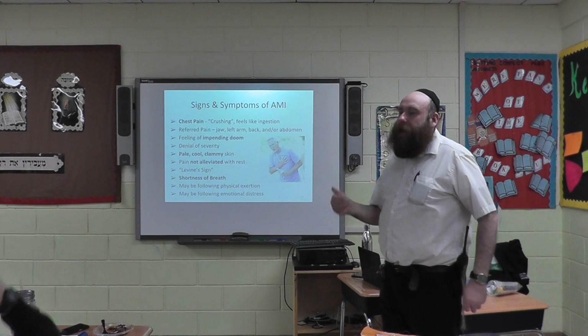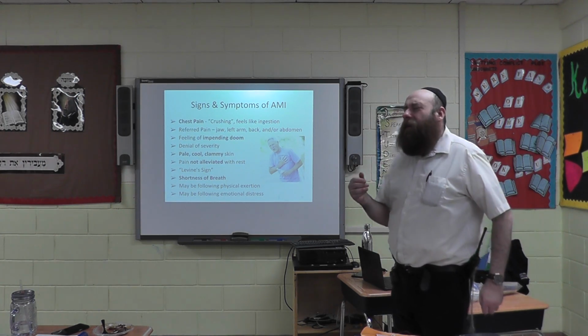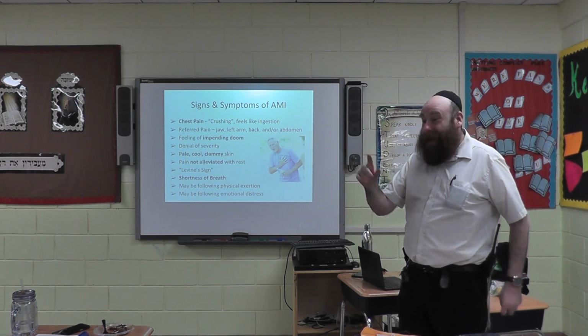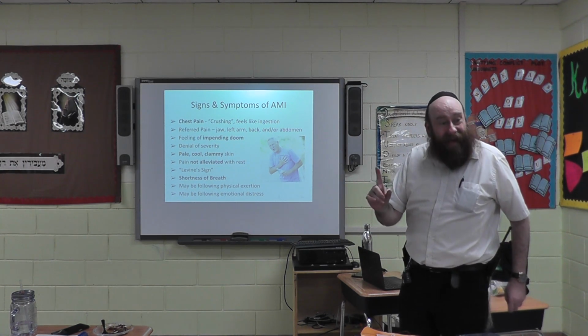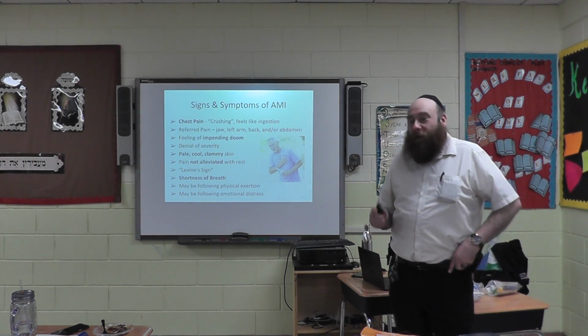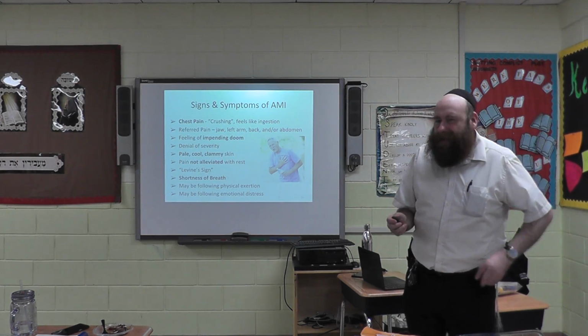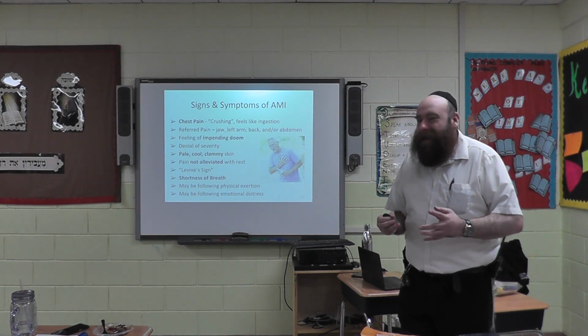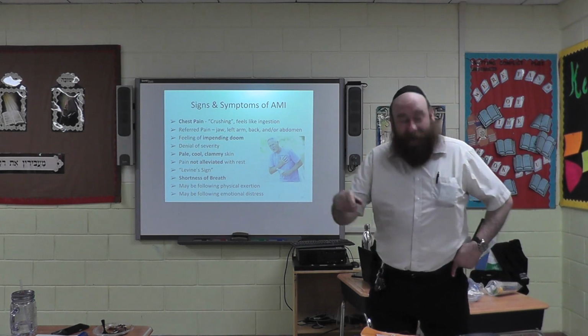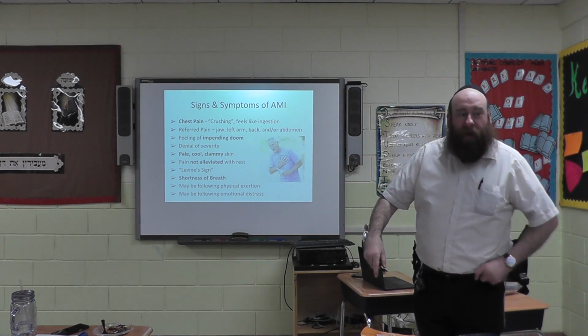I have many patients over the years tell me, well, I don't really have chest pain, it's more of a pressure. I say, okay, now we need to worry. When they say that, it's always the big one. When they say it's not really pain, it's more like a pressure, they're trying to play it down. What they just did was tell me they're probably having an MI, like full on.